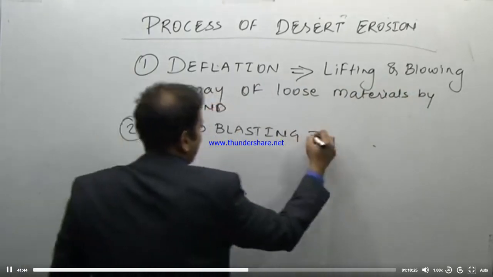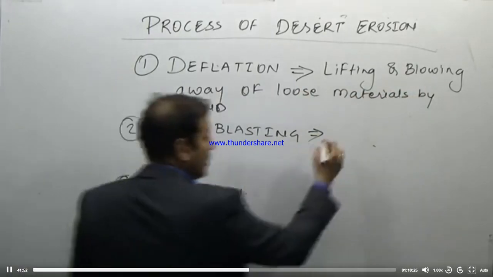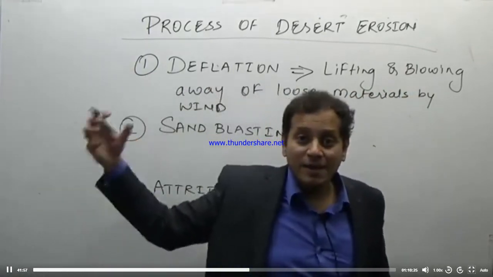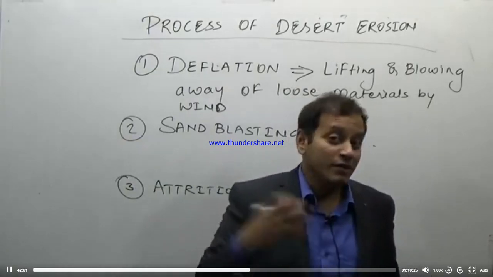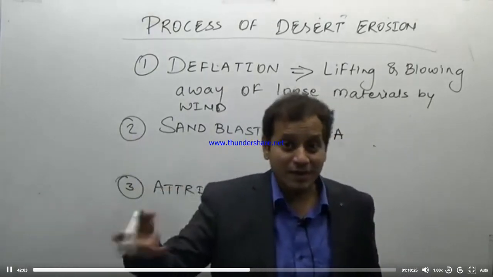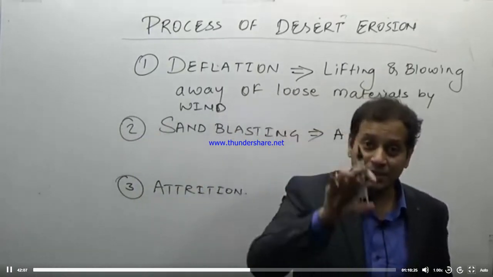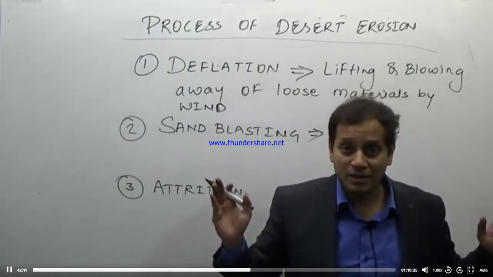What is sand blasting? Sand blasting is the process of abrasion. That is, the sand particles come and hit the rock. हमने already किया है. What is abrasion? When the particles come and hit the bank of a river, that is abrasion. So in the process of water, in the process of wind, abrasion will be some other particle coming and hitting the stable structure. So rock is a stable structure in the wind.